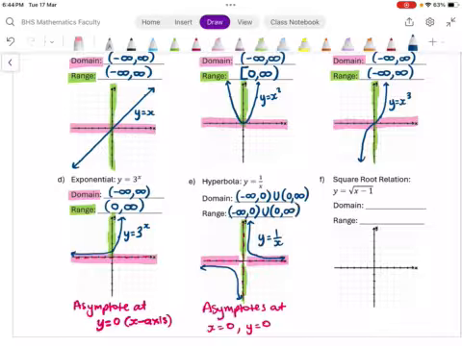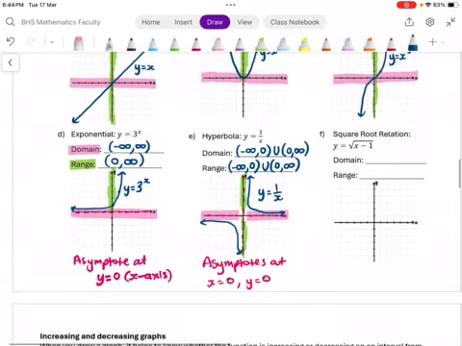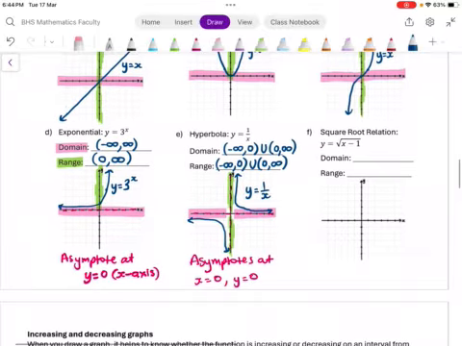Now, our square root relation, we haven't really seen or investigated these in Stage 5, like Year 10 maths, but what we have with these is we have what x cannot be. So with our y equals the square root of x minus 1, we have that x minus 1 cannot equal a negative.